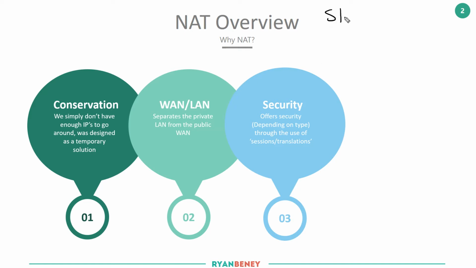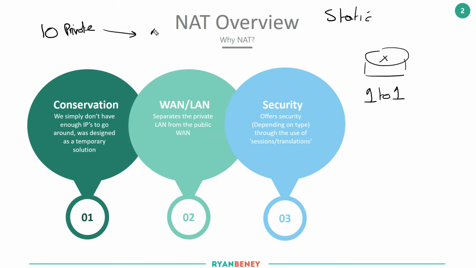Now, the reason I say it depends on the type of NAT is because there are other types, such as static NAT. And static NAT doesn't create these translations in what we call a translation table. Instead, what static NAT does is a one-to-one translation. So previously, in the examples given so far, I've said that we had 10 private addresses, and those 10 private addresses can use one public address.